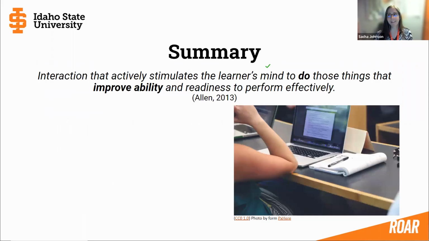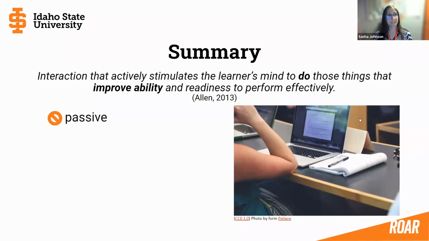Coming back to my goals for this presentation, I hope you feel that you are now able to define instructional interactivity and identify some ways to add instructional interactivity into your online courses, promote active learning, and support the specific review standards 5.2 and 6.2.